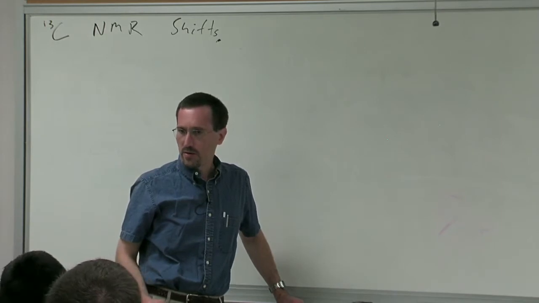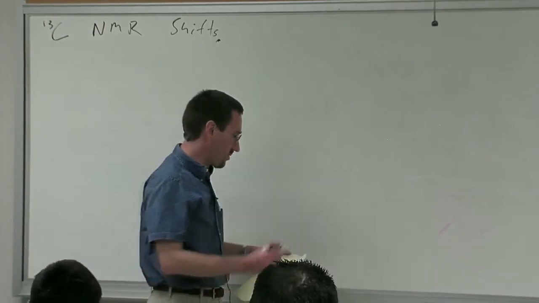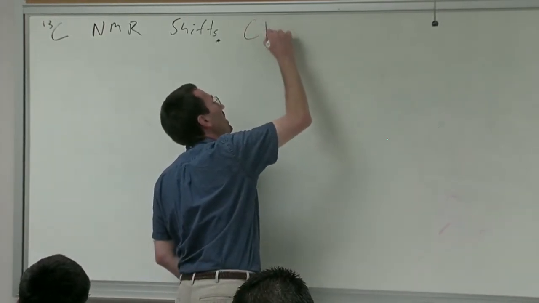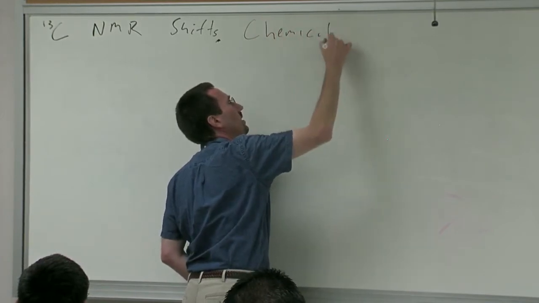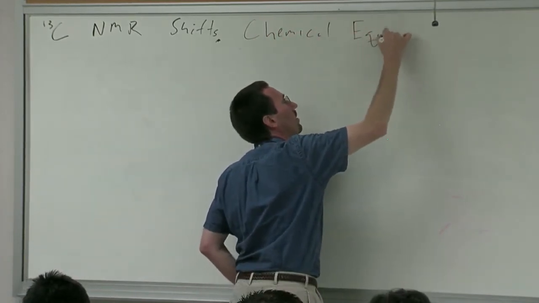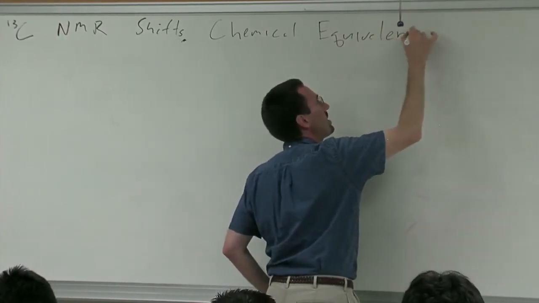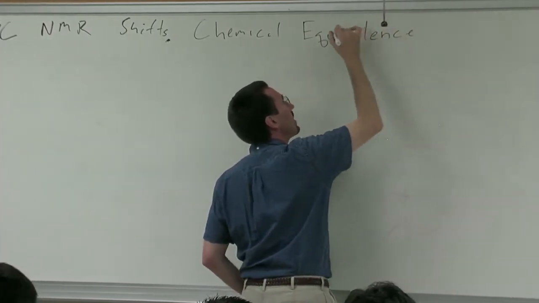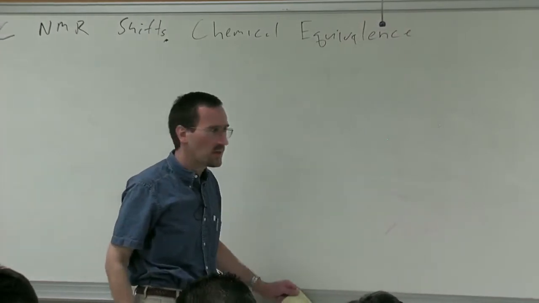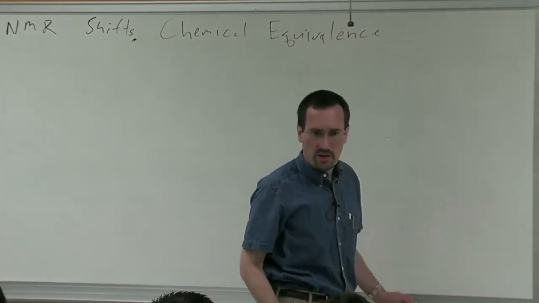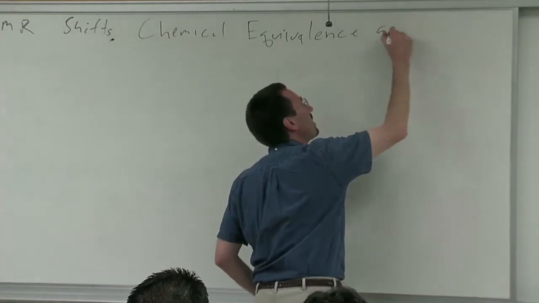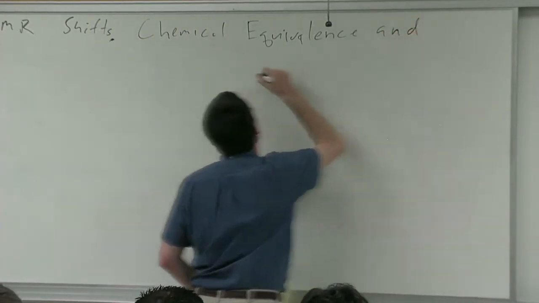And in order to understand this, we really have to understand the concept of chemical equivalence, which ties into concepts of symmetry and stereochemistry and conformational analysis, and it's really beautiful. So we'll be talking about chemical equivalence and spin-spin coupling.